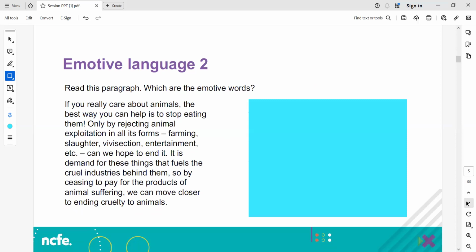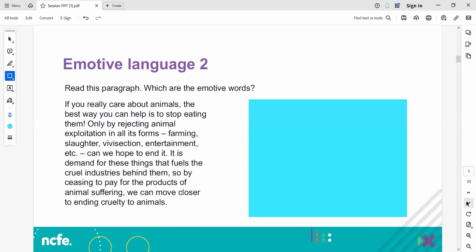Okay, so I'm going to read this paragraph that you should be able to see on your screen, and I want you to think about what the emotive words are. If you really care about animals, the best way you can help is to stop eating them. Only by rejecting animal exploitation in all its forms, farming, slaughter, vivisection, entertainment, and so on, can we hope to end it.